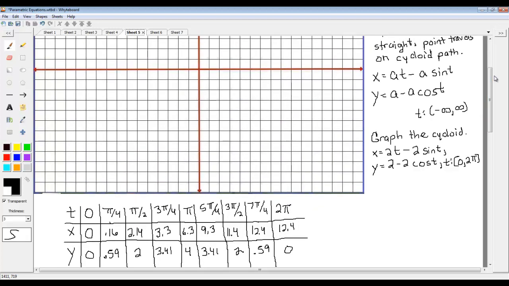Let's see here. Alright, so let's take those values and let's plot them on our grid here. So we got 0, 0. I'm just going to assume each line on the grid is 1. So we got 0, 0. So xy coordinates, we got 0.16, comma 0.59.